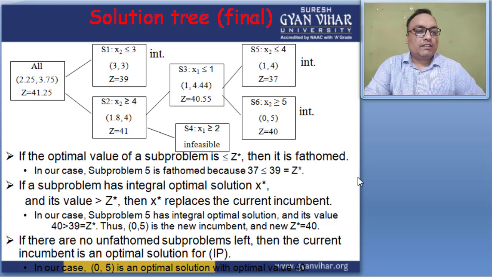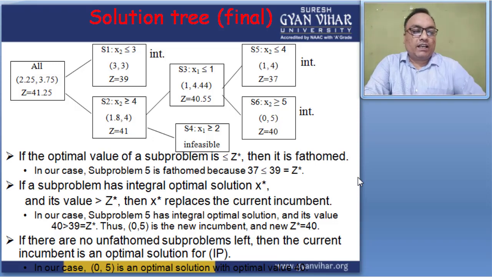In this case, subproblem 6 has an integral optimal solution and its value 40 is greater than 39. Thus 0, 5 is the new incumbent and the new z star equals 40. This is the solution of this problem.